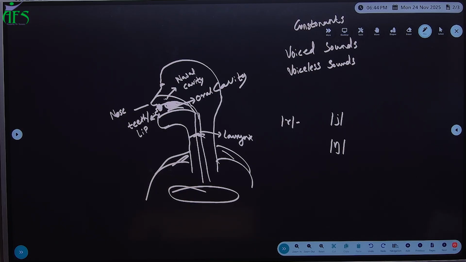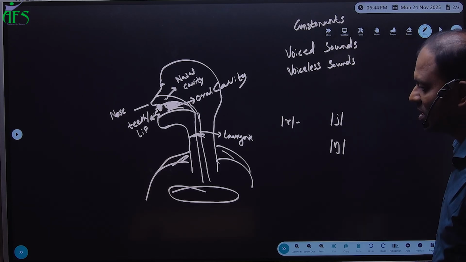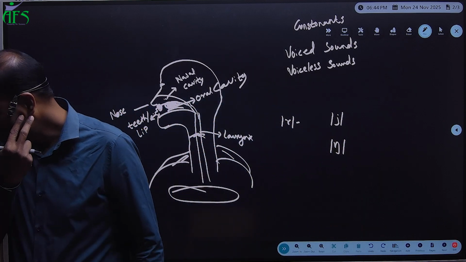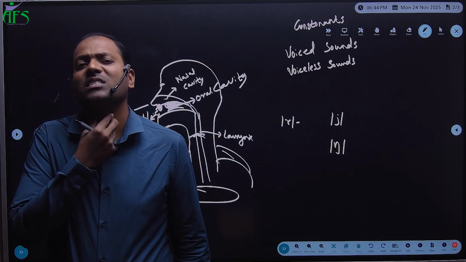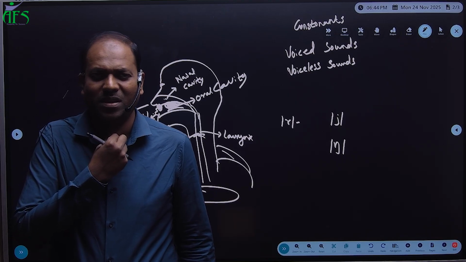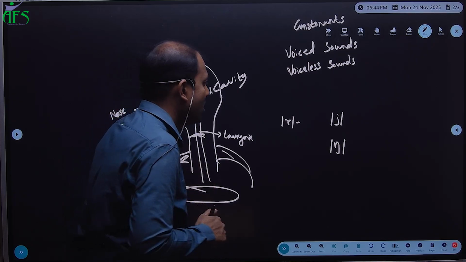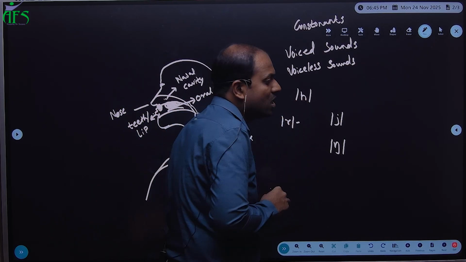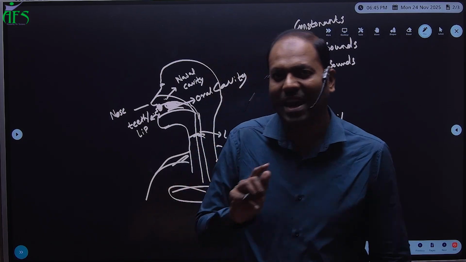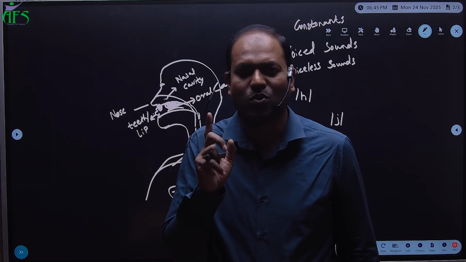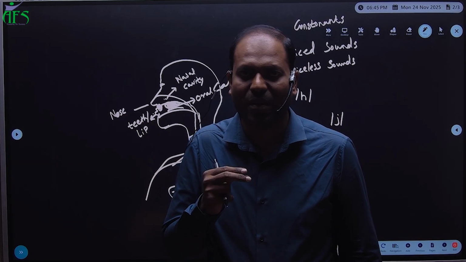Then the only category that remains is the glottal sound. Glottal sound means which is made with the help of the glottis. When you say sound h, you will not find any movement made by the tongue, lips, or anything in the oral cavity.